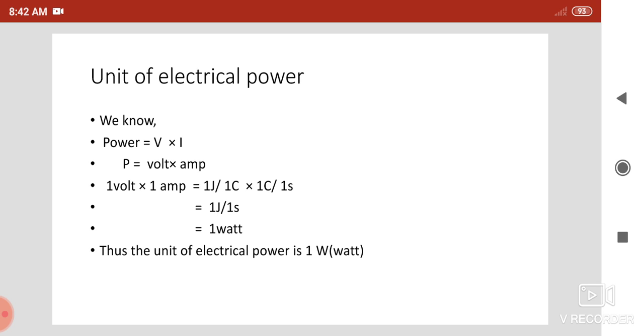Now here 1 coulomb in the numerator and denominator will get cancelled, and we get the answer 1 joule upon 1 second. So 1 joule per second means 1 joule of work is done in 1 second. That time we can say that the power is 1 watt. So here the unit of electrical power is 1 watt.